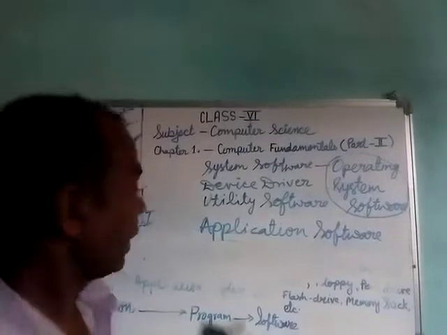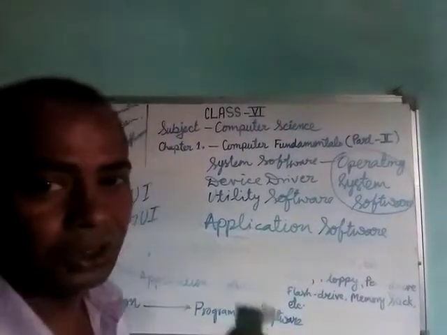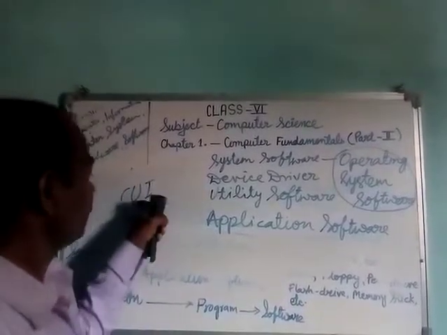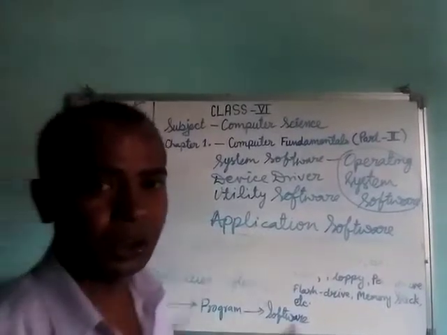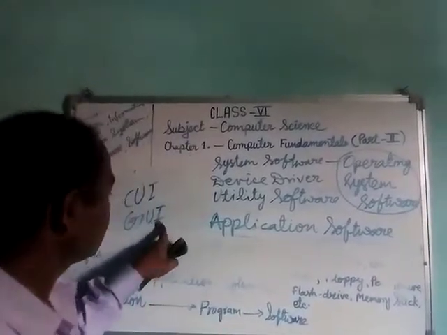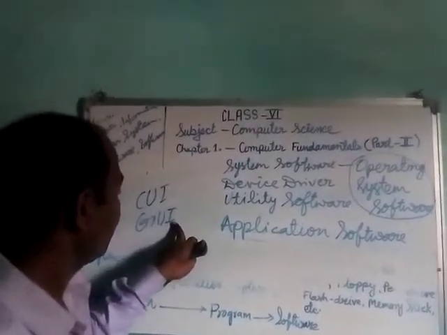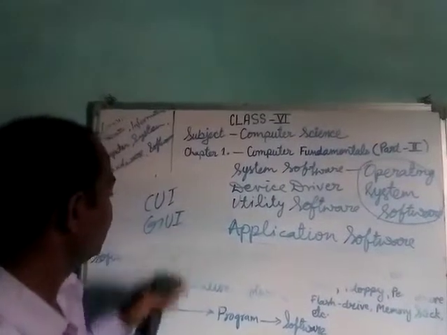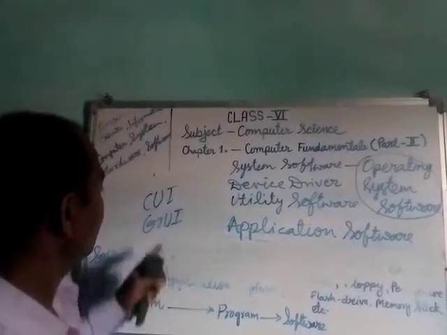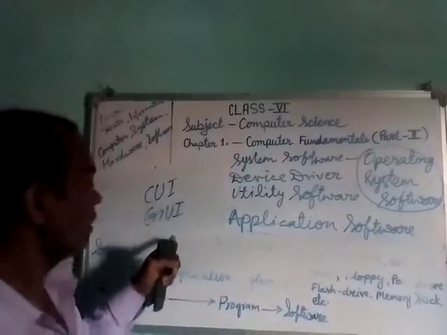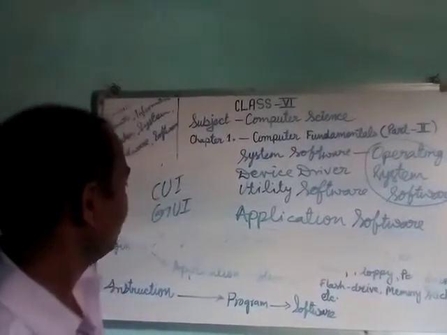CUI is the character user interface and GUI is the graphical user interface. In character user interface, we are giving textual commands, but in graphical user interface, we are giving the commands through icons and buttons. So it is very user friendly, and very easily we can work with GUI operating system software. But it is very difficult to work with CUI based operating system software.